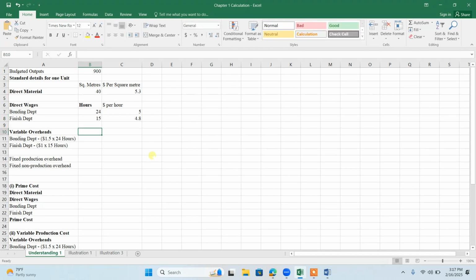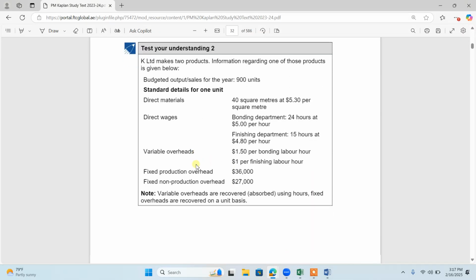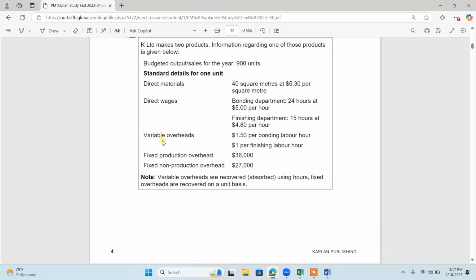Now, as I told you, in the overhead cost we have two portions. You can see this information is regarding the variable overheads, while this one is the fixed production overheads, and this one is the fixed non-production overheads.